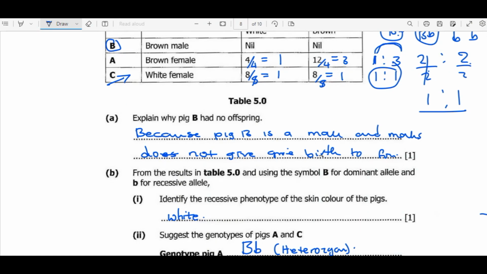So under that one, we are going to have also 1, 2, 3 brown female. So these two must be all carriers.